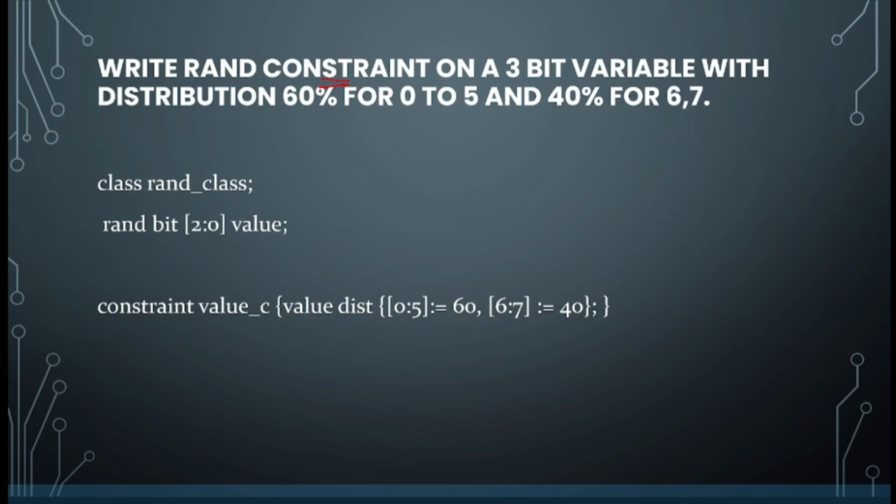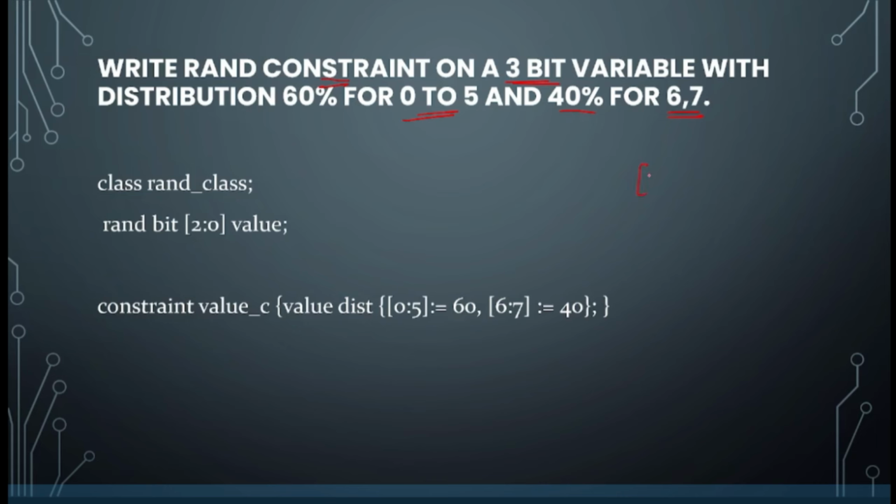Okay, so here what is the thing that was asked? Write a rand constraint on a 3-bit variable, with distribution 60% for 0 to 5 and 40% for 6 to 7. So that is the 3-bit variable.